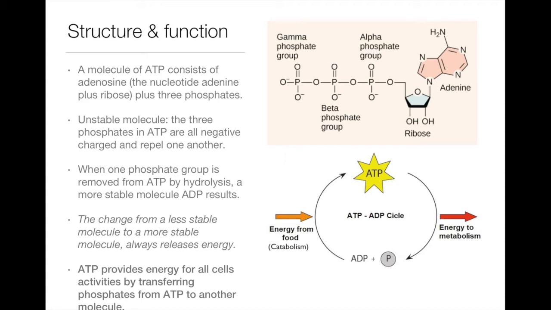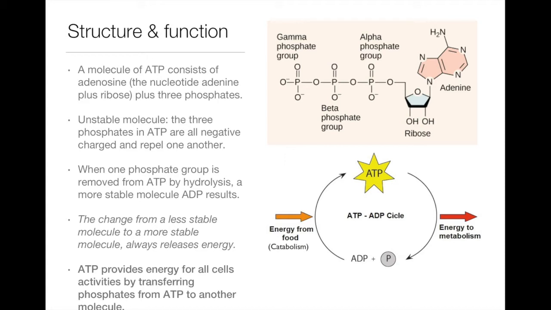Hydrolysis, a more stable molecule, ADP, adenosine diphosphate, because it has only two phosphate groups, is left, which is a more stable molecule. So the change from a less stable molecule to a more stable molecule always releases energy. And this is how ATP provides energy for all cells.